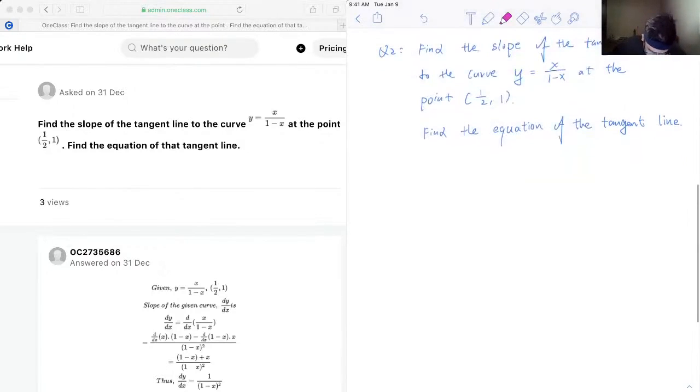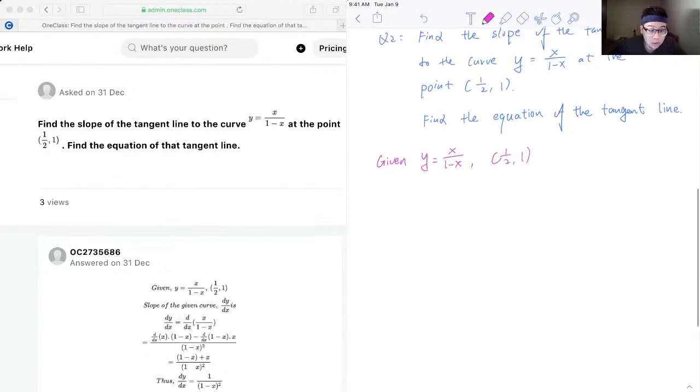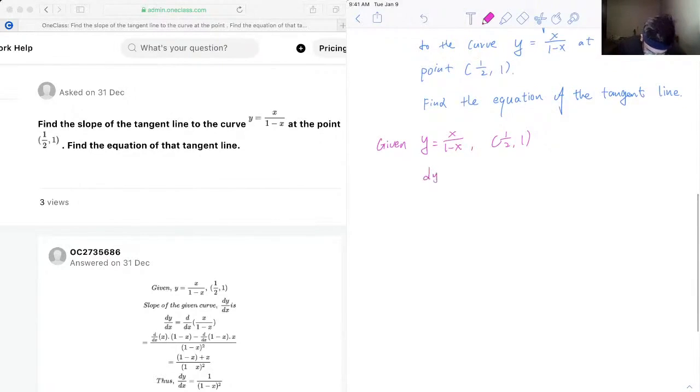So given the curve y is equal to x over 1 minus x and a point 1 over 2, 1, the slope of the given curve dy/dx should be equal to d/dx of x over 1 minus x.